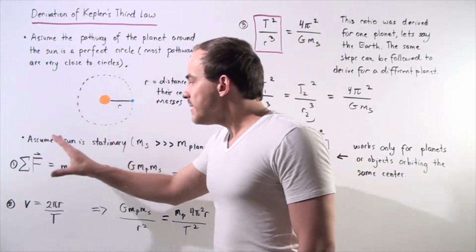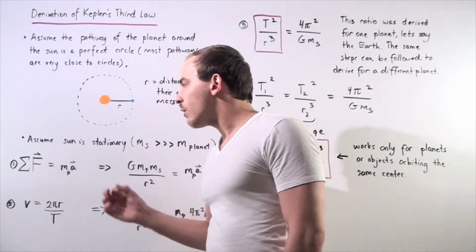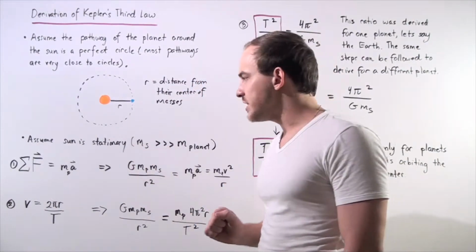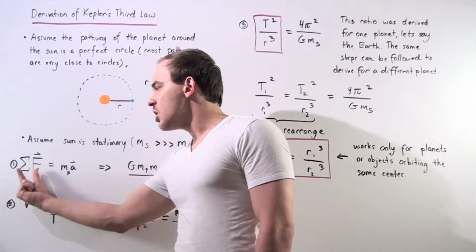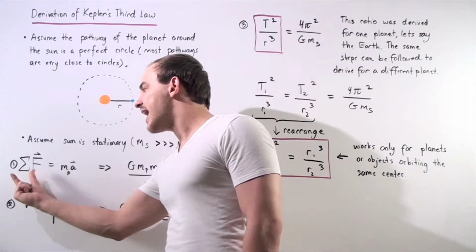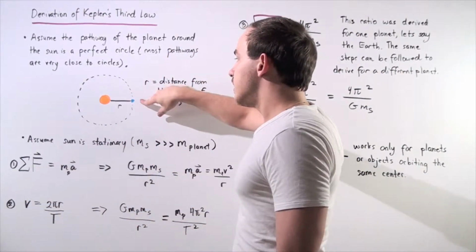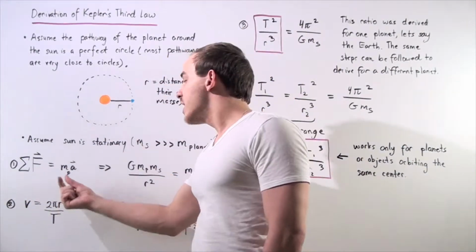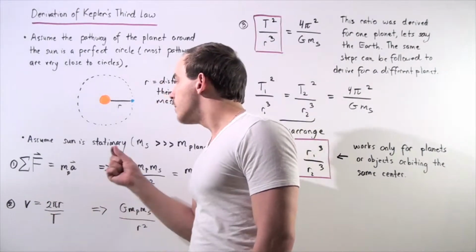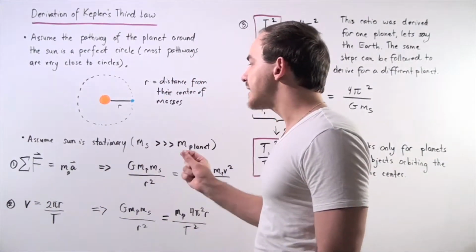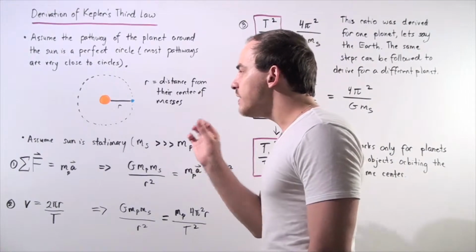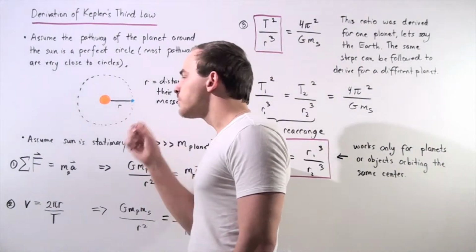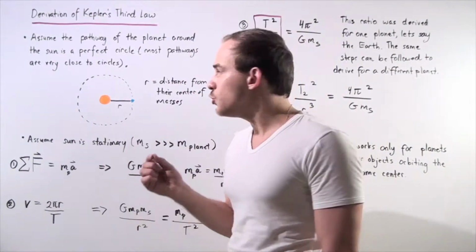So we begin by writing down Newton's second law of motion given by the following equation. All the forces acting on our object, on the planet, is equal to the mass of that planet multiplied by the planet's acceleration. So the only force acting on the planet is the force of gravity due to the sun.